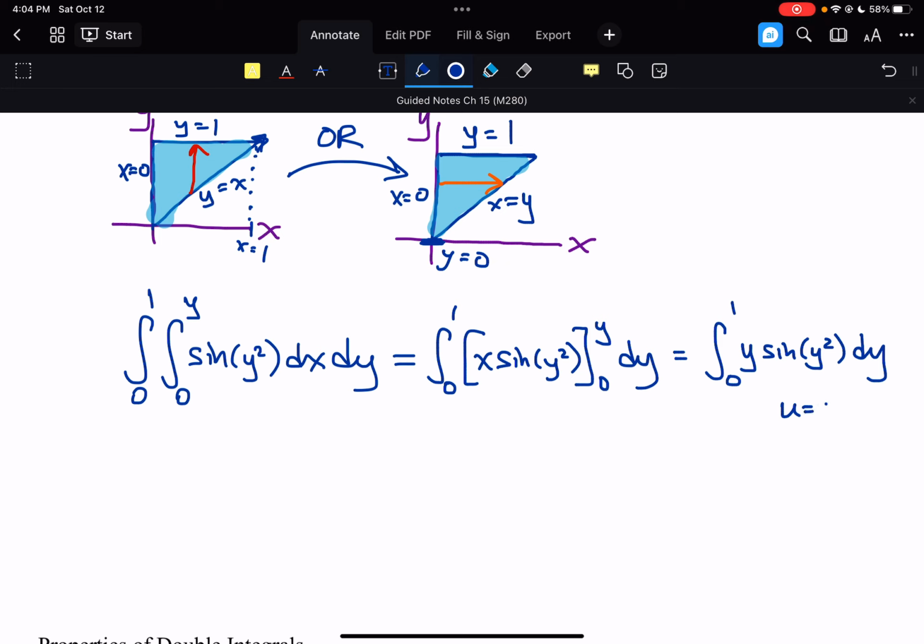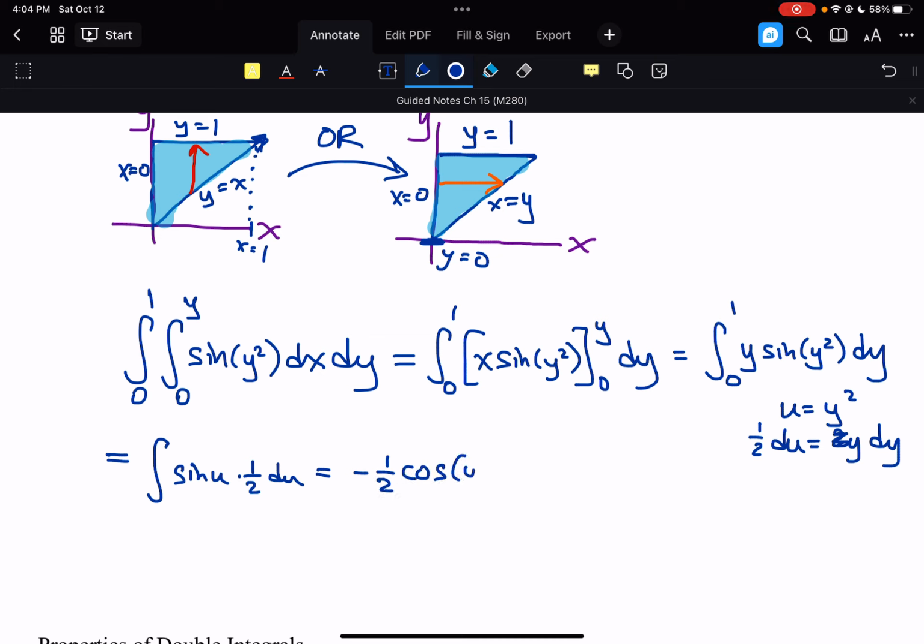So you could set up a u sub for this one. u is y squared, du is 2y dy. So divide by the 2. So you would get sine of u times 1/2 du. So we would get negative 1/2 cosine of y squared evaluated from 0 to 1.